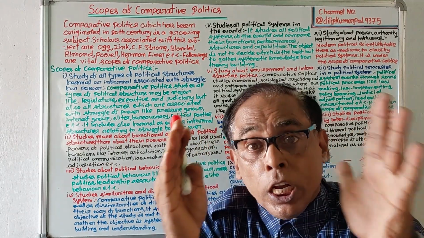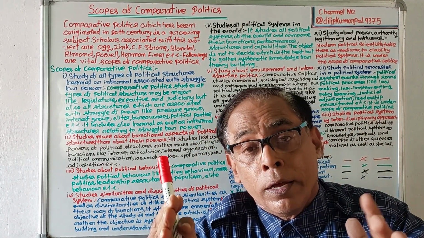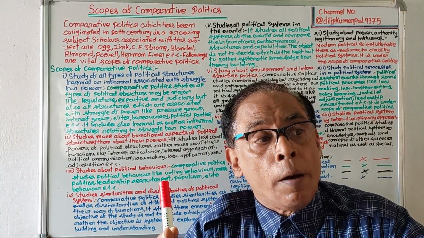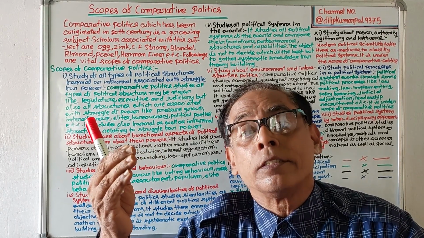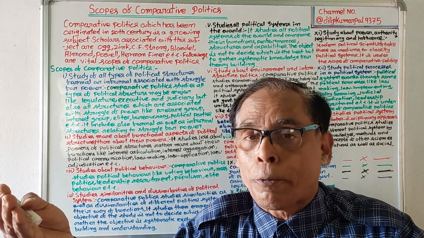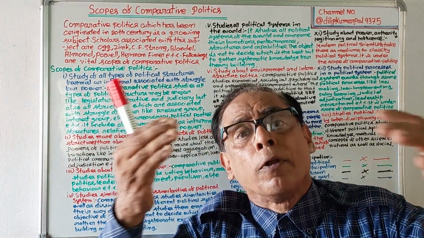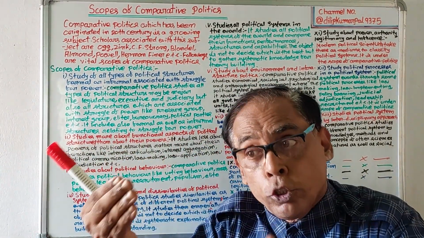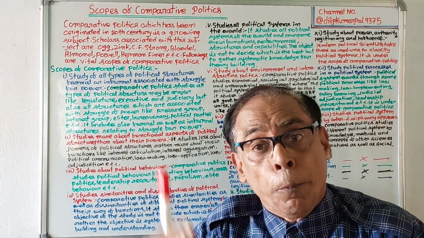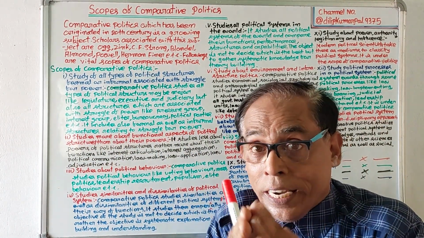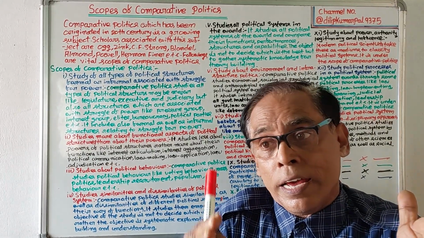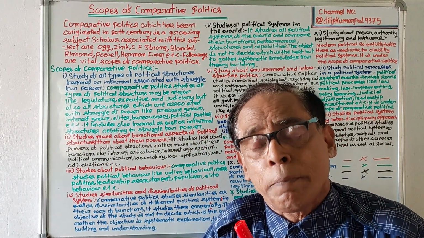With the struggle for power, both major and minor political institutions are found. But any political structure associated with the struggle for power is under the scope of comparative politics. Under it, formal as well as informal structures are found.